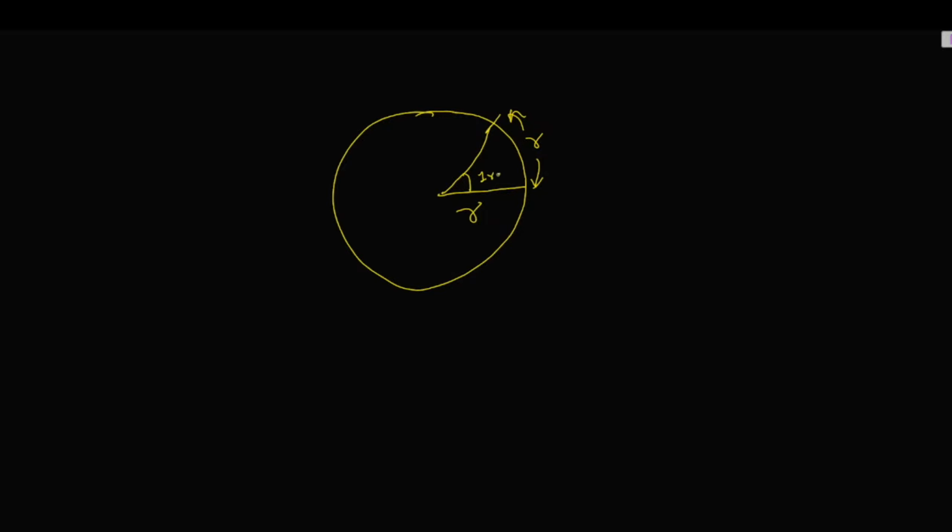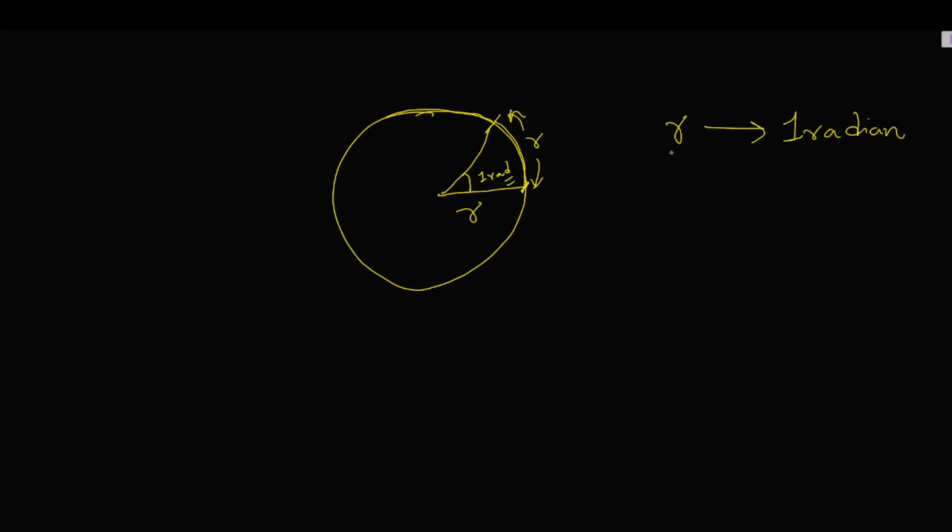This is what we have learned so far. Now, if I have to traverse a complete circle from here and come back to the same point, how many radians would I have done? So for covering r distance, that corresponds to 1 radian.